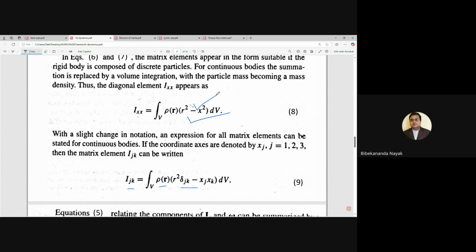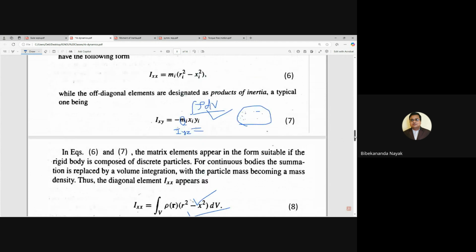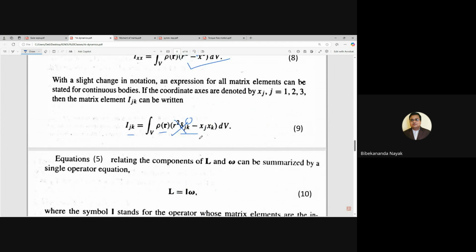We get this form. When j is not equal to k, this will be 0, so we get the product term. Okay, so the general form is like this. Clear? Yes, sir. Combine these two and write this equation. Okay. This is the general expression for any component of the moment of inertia, Ijk.